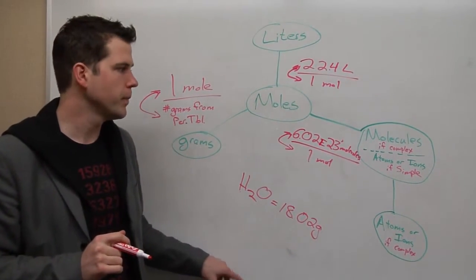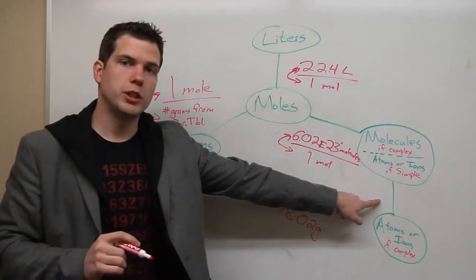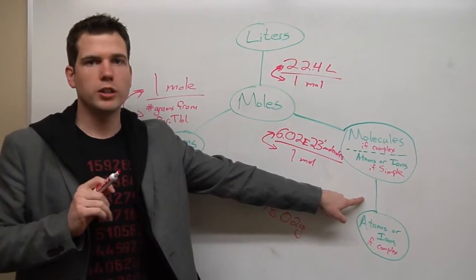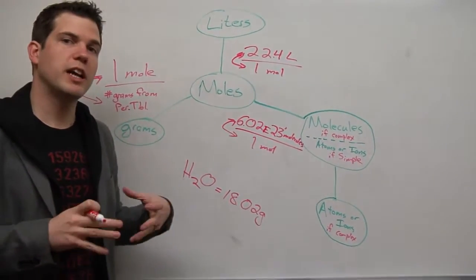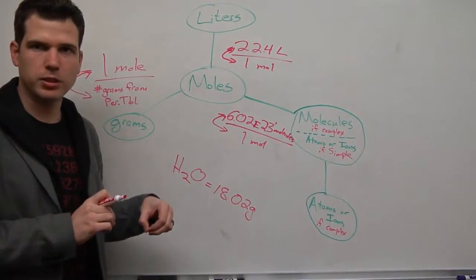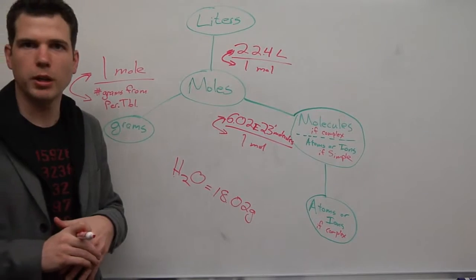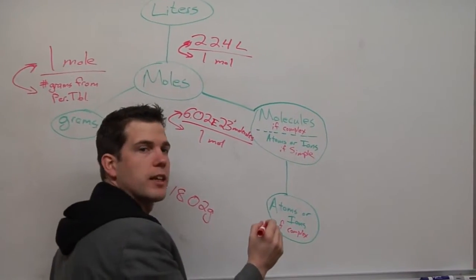Use the capital E. Now the final hallway you will not use very often, but in the event that you're trying to find how many individual atoms there are in a complicated molecule, it goes like this.